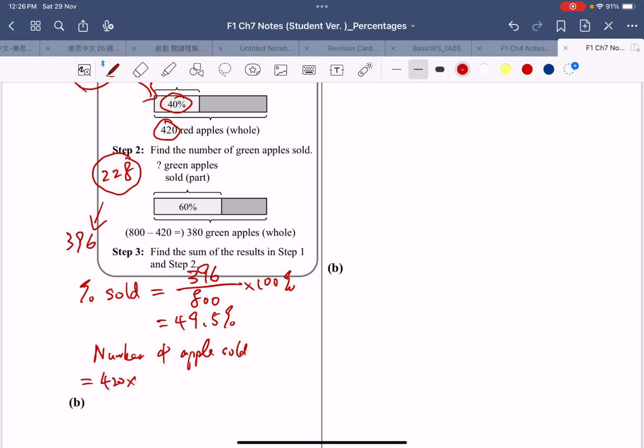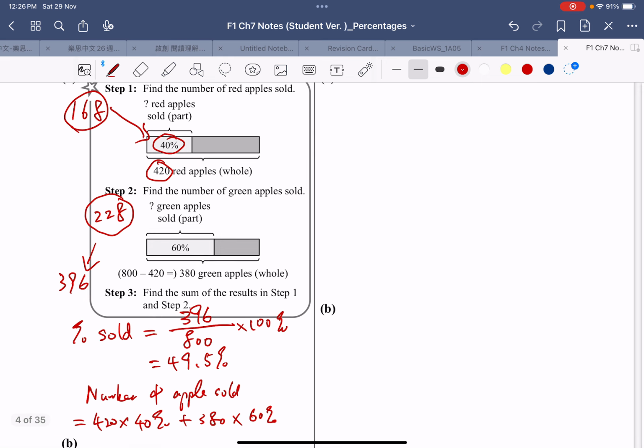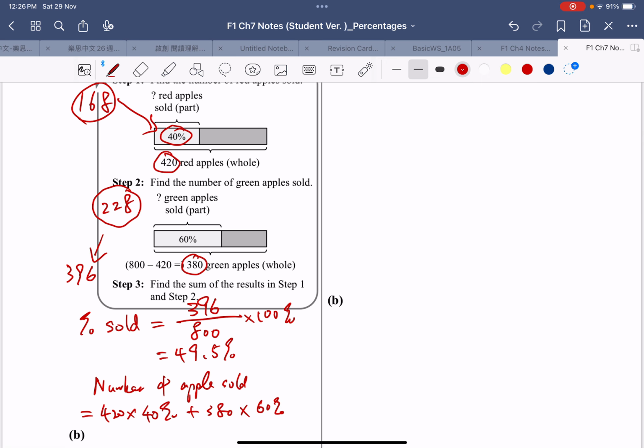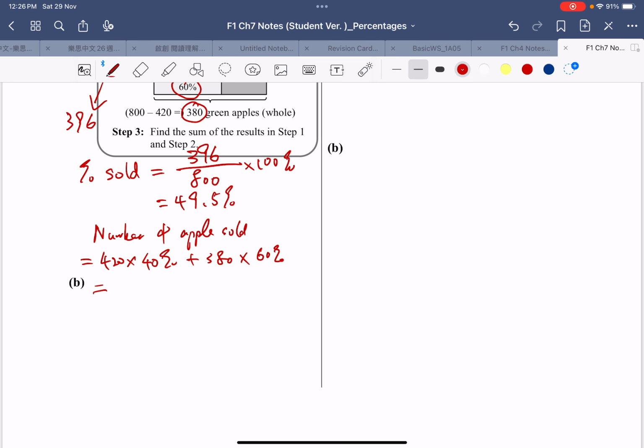And then originally, you use this line of thinking, plus 380 times 60%. Write down number of apples sold like here, 380 times 60%, plus this one multiplied by this one, and then give you the final answer.